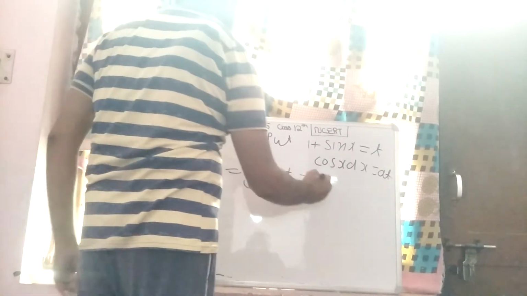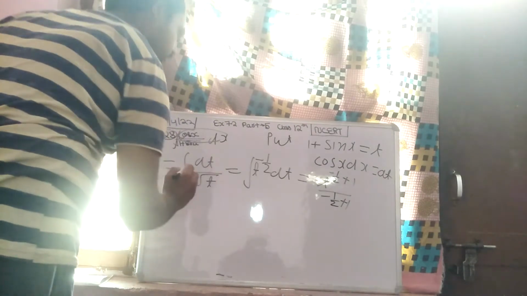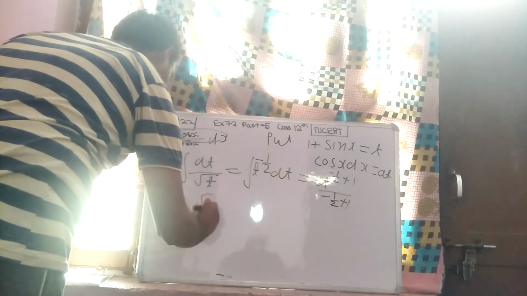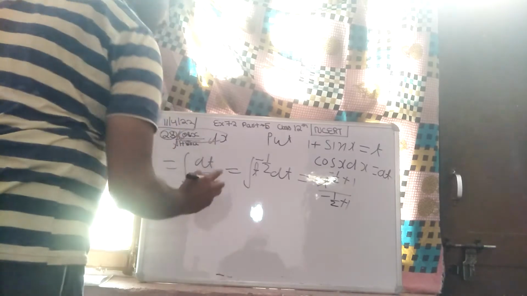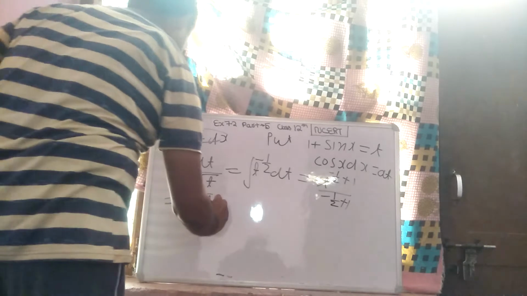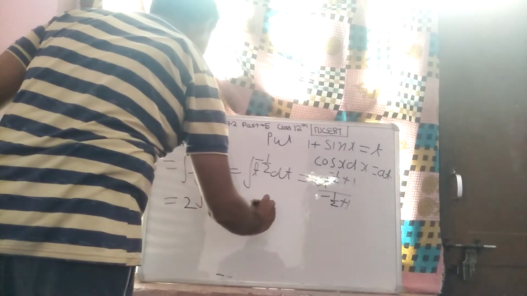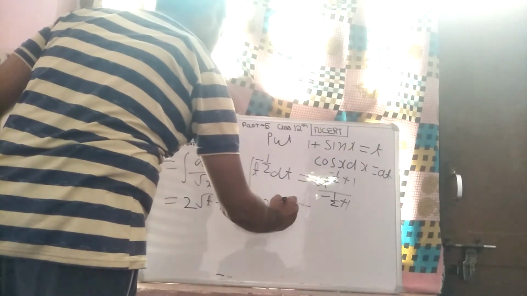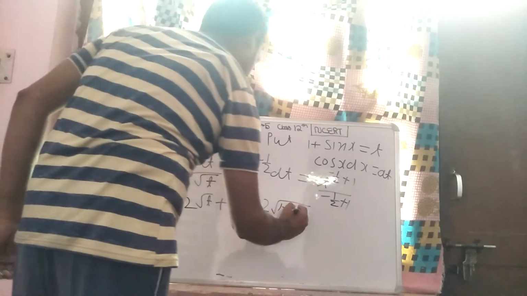This also gives t to the power minus half plus 1, upon minus half plus 1, which is 2 root t. We also put the value of t, so 2 root under 1 plus sin x.